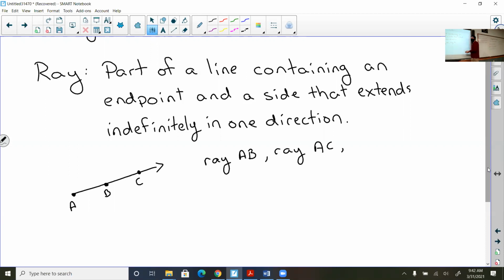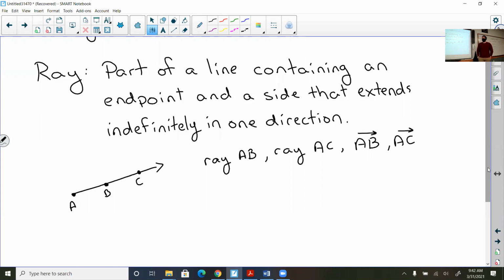If I don't want to write the word ray, I would have to have some sort of symbol to identify that it's a ray. So I could do AB and then draw a ray on top. So on one side it has the arrow, on the other side it ends, it terminates. And then AC, same thing. So those are 4 possible names for this ray.